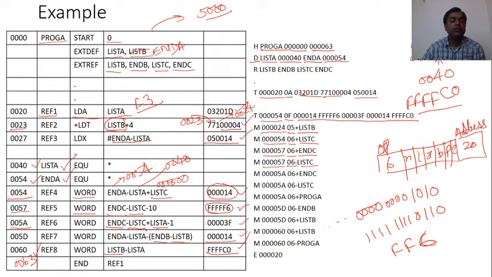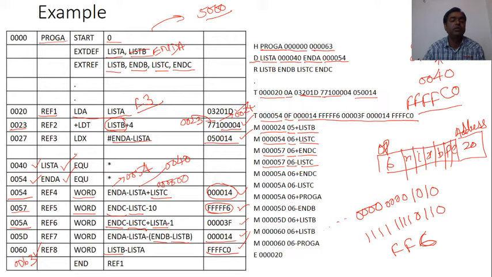Here I am using the relative value of list A. That is 0040. When this program is loaded in main memory, the address corresponding to program A becomes, suppose, 5000. In that case, list A becomes 5040. And here I am taking the value of list A as 0040.